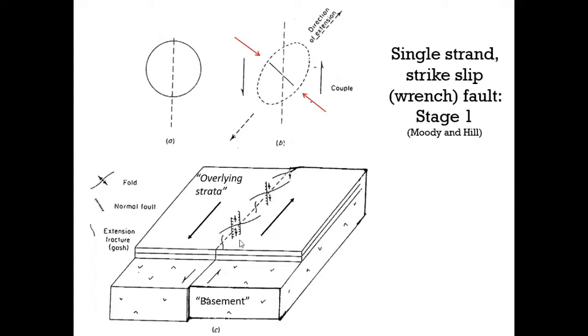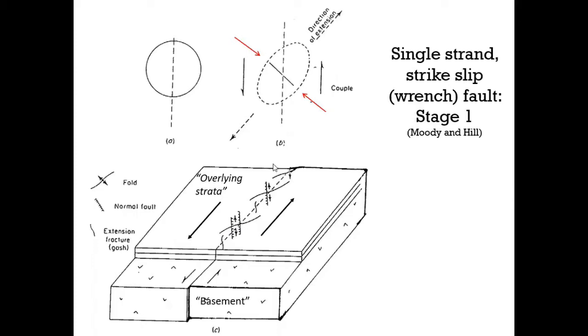Okay. So let's spend some time on this block diagram and see, other than orientation of these first order structures, what other information we can get from this block diagram.